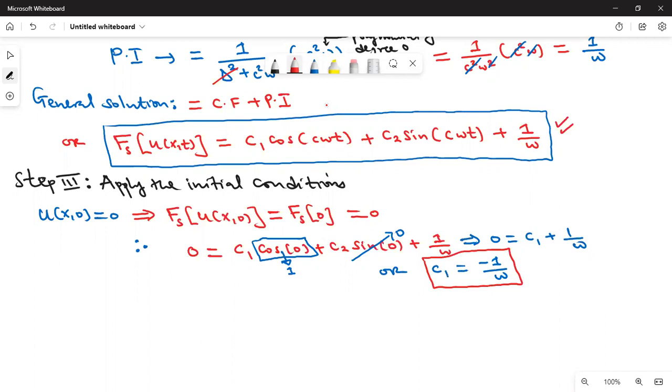So let's replace it back. Hence, if I replace C1 by negative 1 over omega, what are we going to get?